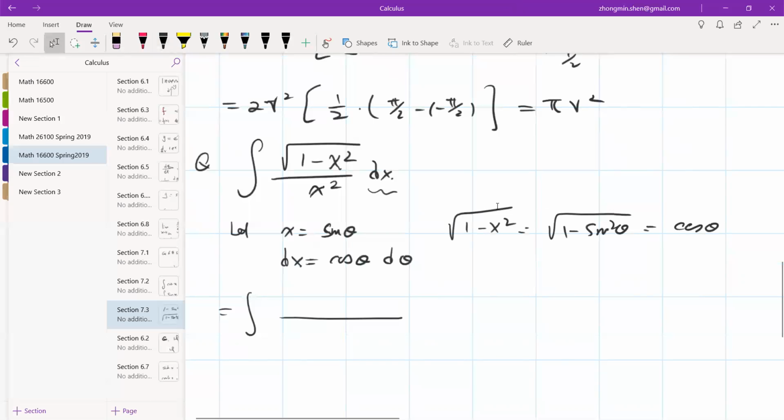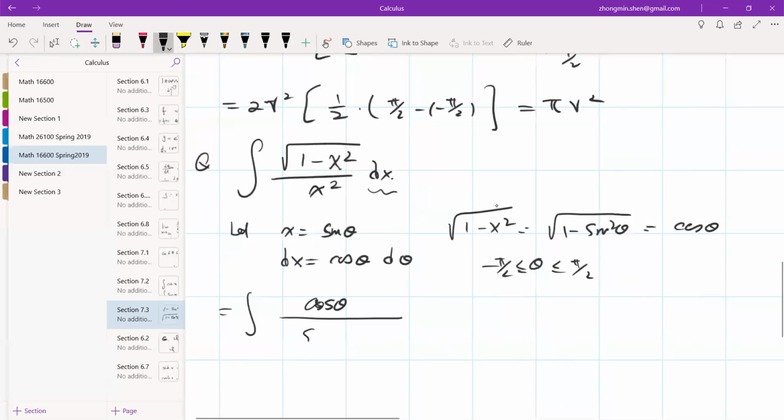Since x is between negative and positive 1, theta is always between negative pi over 2 and positive pi over 2. When theta runs from negative pi over 2 to positive pi over 2, x runs from negative 1 to positive 1. So the numerator is cosine theta.